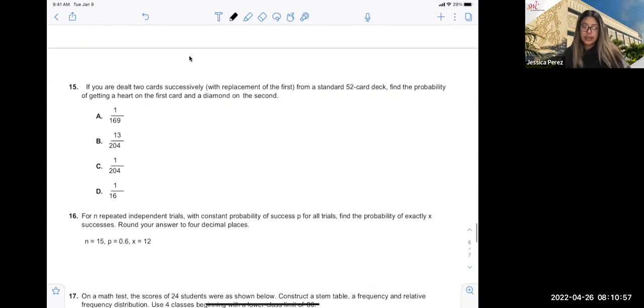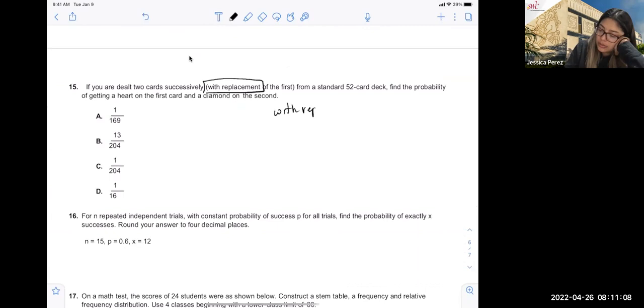All right, let's look at this one. If we dealt 2 cards successively with replacement, so whenever you say with replacement, the sample space does not change.